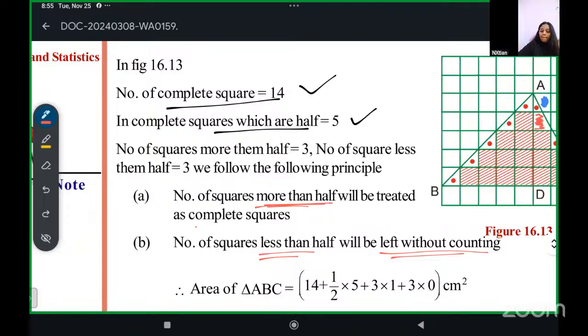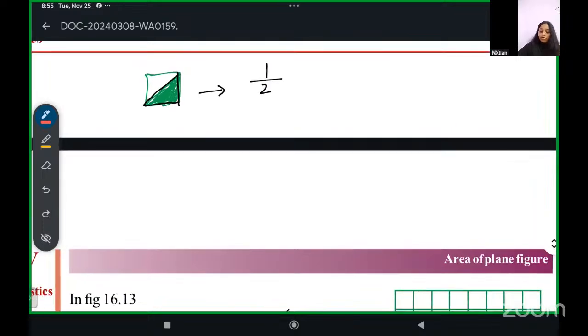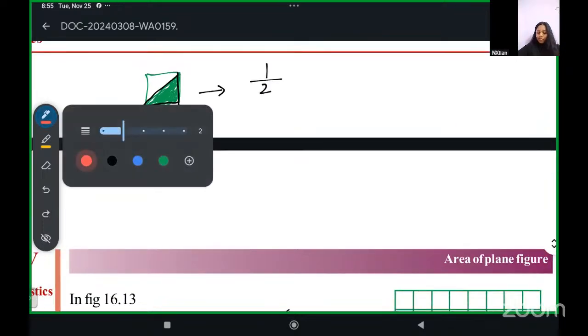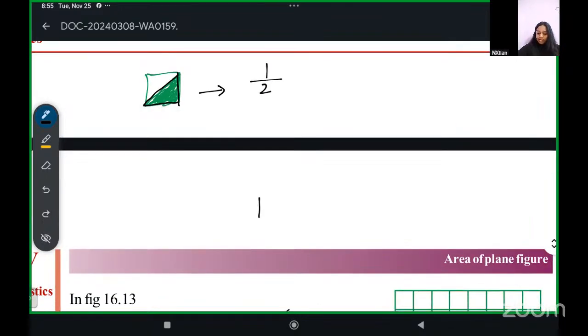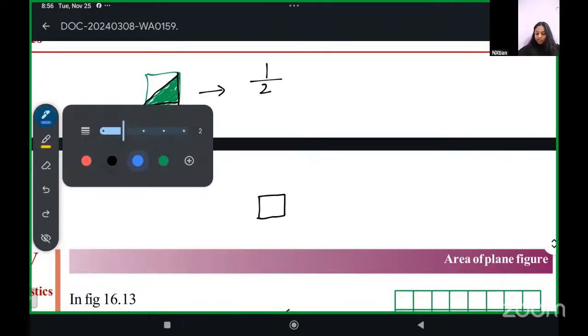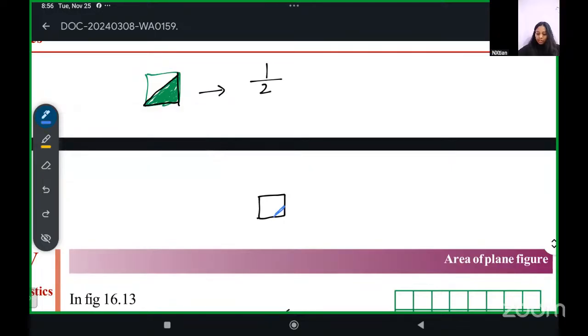See, if I have a square which is only this much shaded, this is less than half. This is not included, because this is less than half.